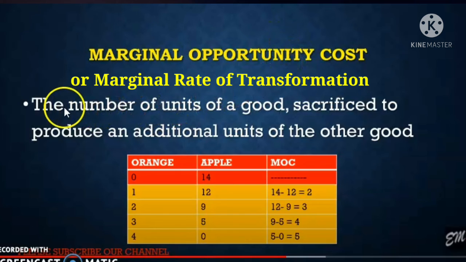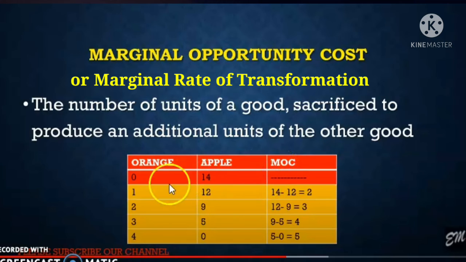The next topic we are going to see is marginal opportunity cost. It is calculated as the number of units of a good sacrificed to produce an additional unit of the other good. Here you can see the table we showed earlier. For oranges at 0, the production of apples is 14. In the first stage we can't calculate the sacrifice.